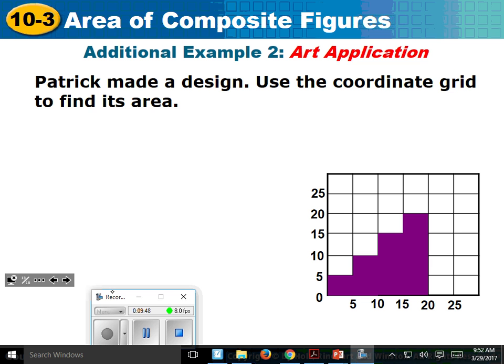Why? Somebody tell me why that's not right, Craig. Why is that not right? So what's the area of each one of these squares? Not 5, because it's 5 by 5. It's a rectangle, it's a square. So each one of them is 25. It's just like that square foot and square inches problem.